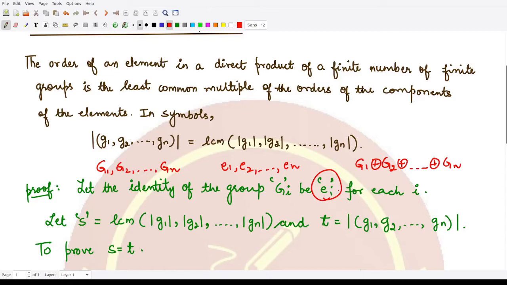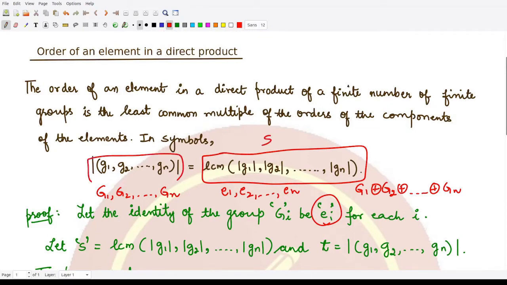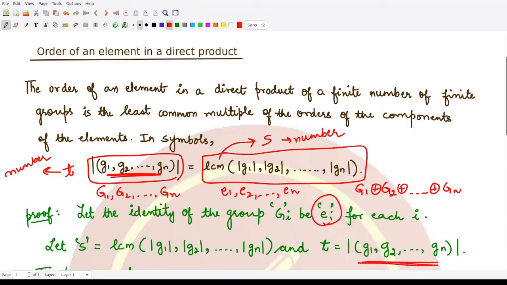Now we consider that this right hand side over here is nothing but S and this here is T. Why? Because they are the orders. This is the LCM of the orders, right? So this would be some number, and the left hand side is just the order of this element. So this is also some number. So we assume that T is the order of this element in the direct product, and S is the LCM of each of the orders of G1, G2 up to Gn.